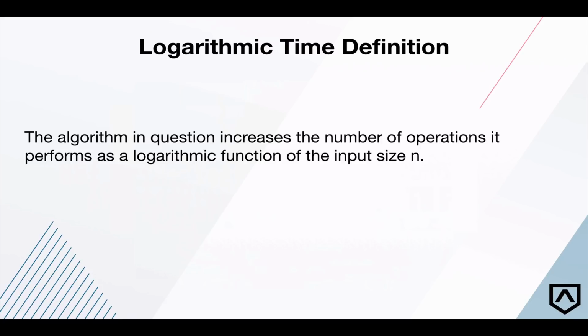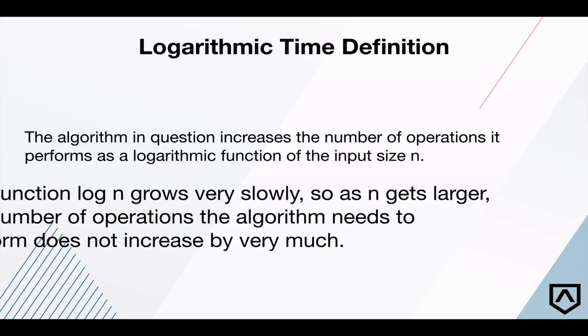Okay, let's move on to the next one, talking about logarithmic time, or log of n. We can guess, or we can see, that in this case the number of operations is going to grow as a logarithmic function of n.